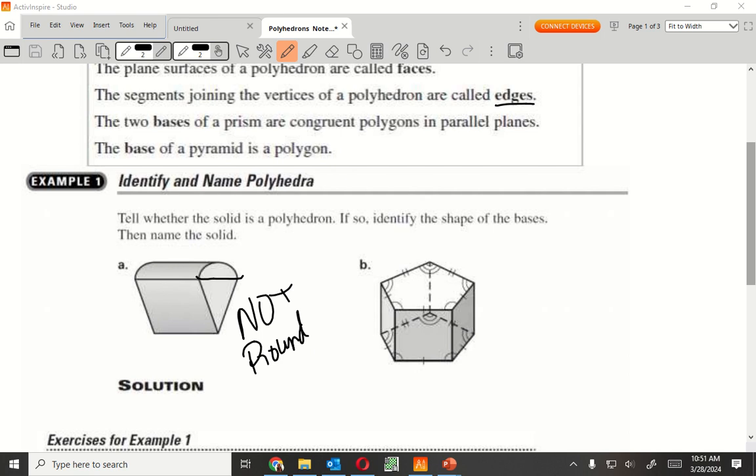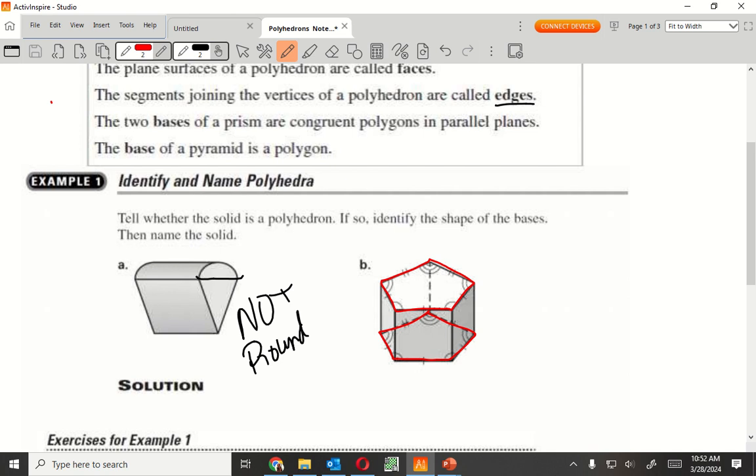Think of the shape of the base and just make it tall. The shape of the base would make it tall. So this right here is going to be the same as the bottom right here. Not octa. What does octa mean? 8.